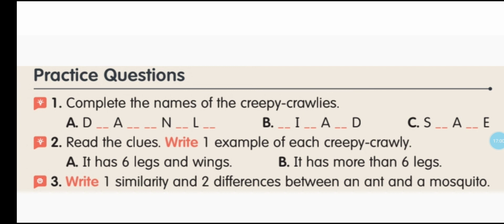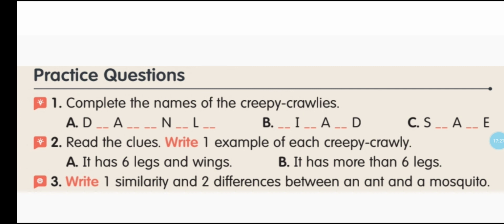And B bit, it has more than 6 legs. You know very well, the only crawly which has 8 legs is spider. So you can write answers here itself, children. And the third one, write one similarity and one difference between an ant and a mosquito. A mosquito can fly faster, whereas an ant moves slowly.